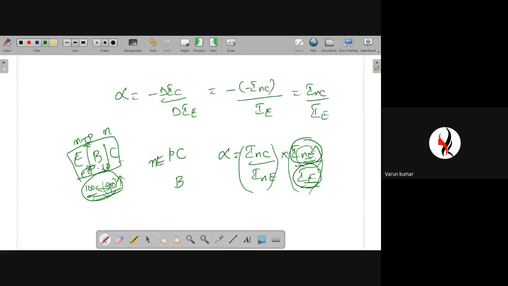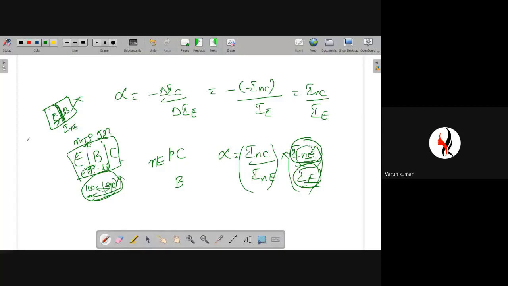That should not happen. So this emitter efficiency, which is gamma, should be very high, because more of the electrons injected by the emitter should reach the collector. So this is the emitter, and the junction between is your emitter junction.